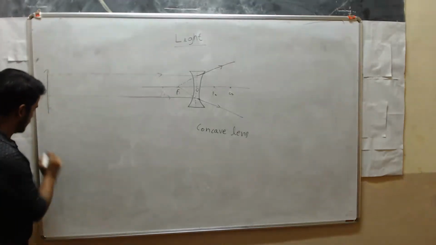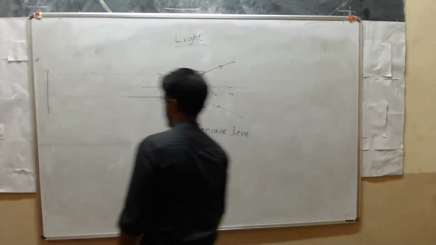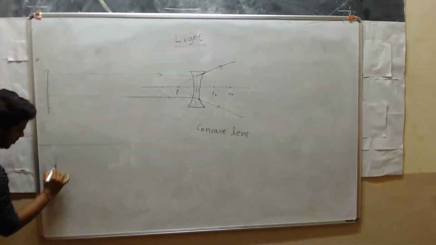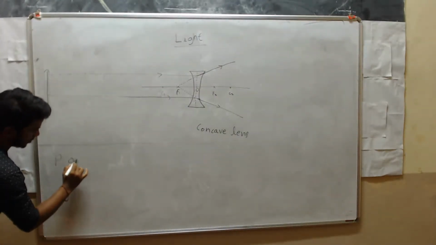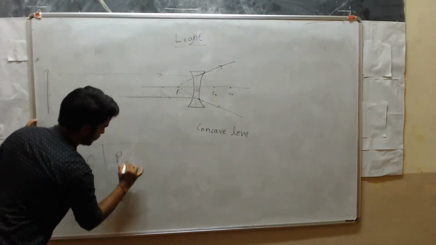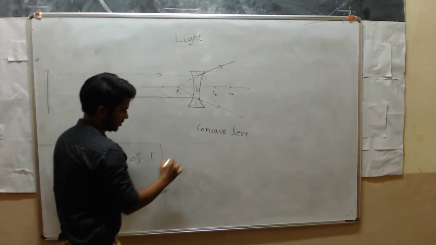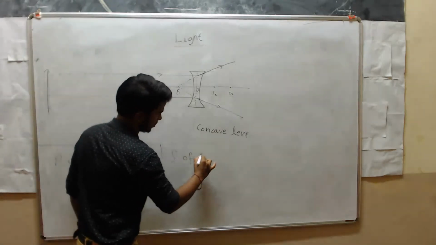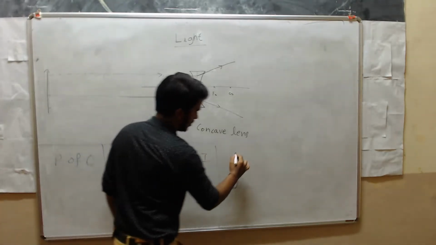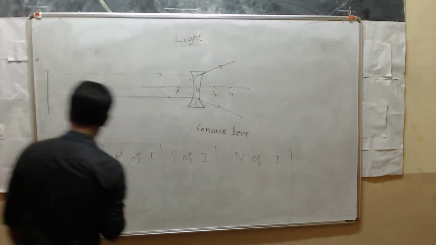So here, first one, position of the object; second one, position of the image; third one, size of the image; then nature of the image.